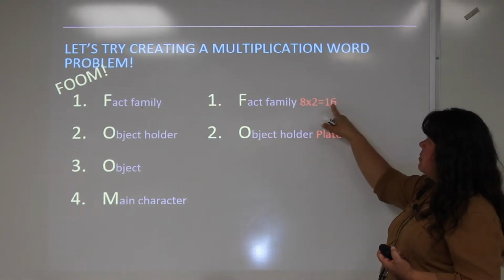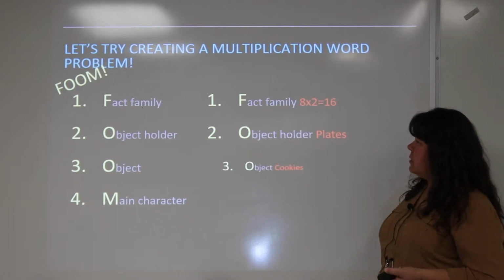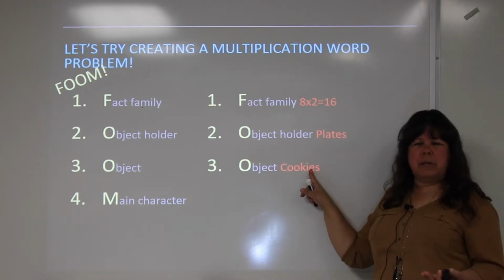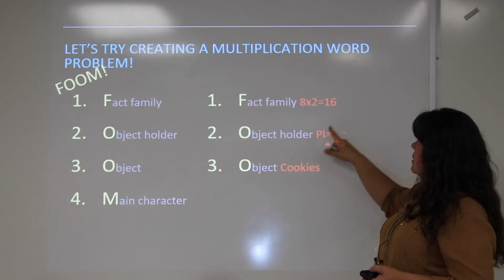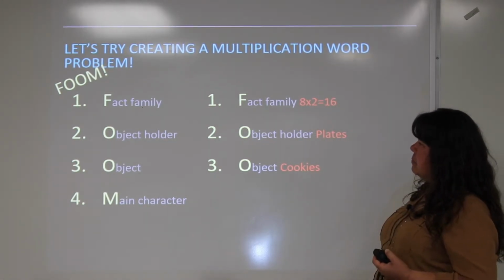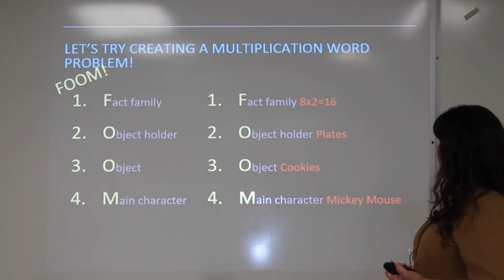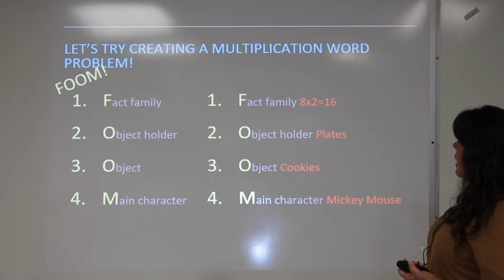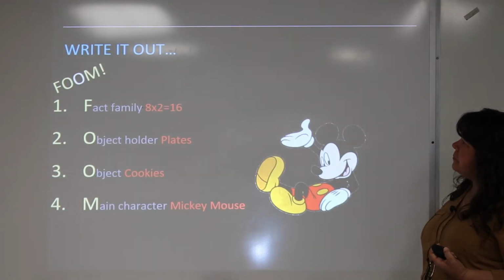We have 8 times 2 equals 16. We have plates. And then we need some objects. Our objects are going to be cookies, because those can go on plates, so it needs to make sense. Our plates, our cookies, and our main character is going to be Mickey Mouse. All right. So we're going to be able to create a word problem using this information.